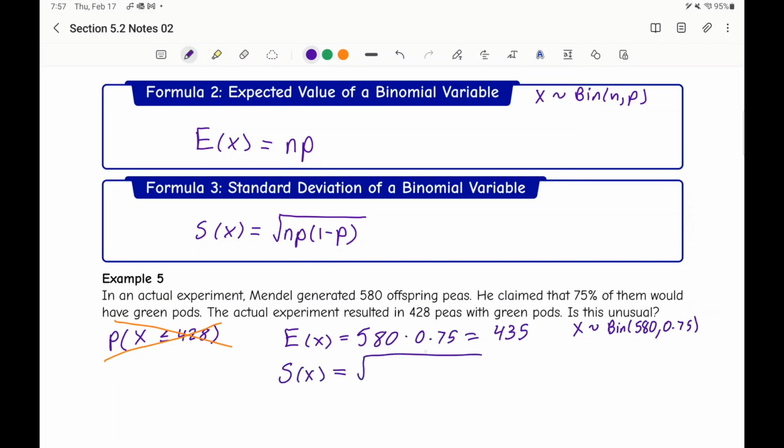So the square root of 580 times 0.75 times 1 minus 0.75, which is 10.43.